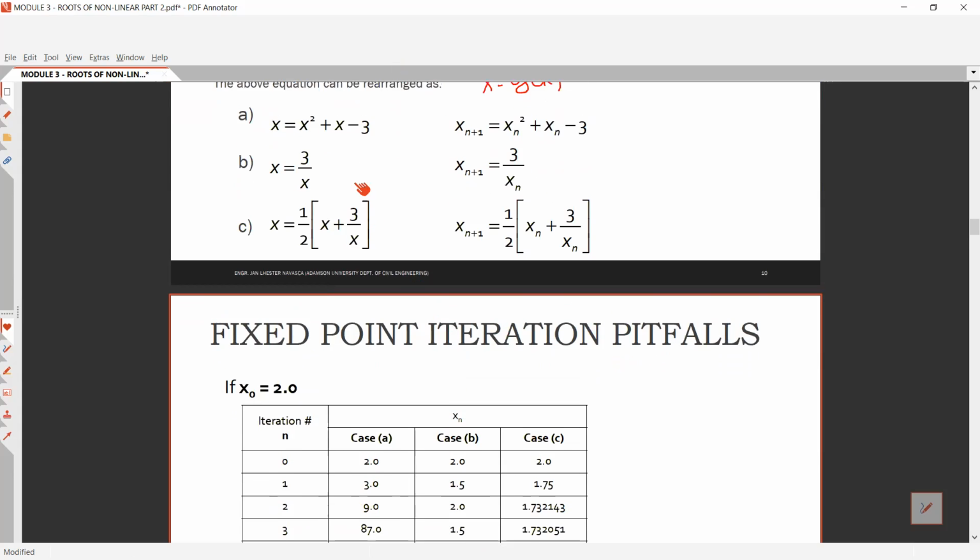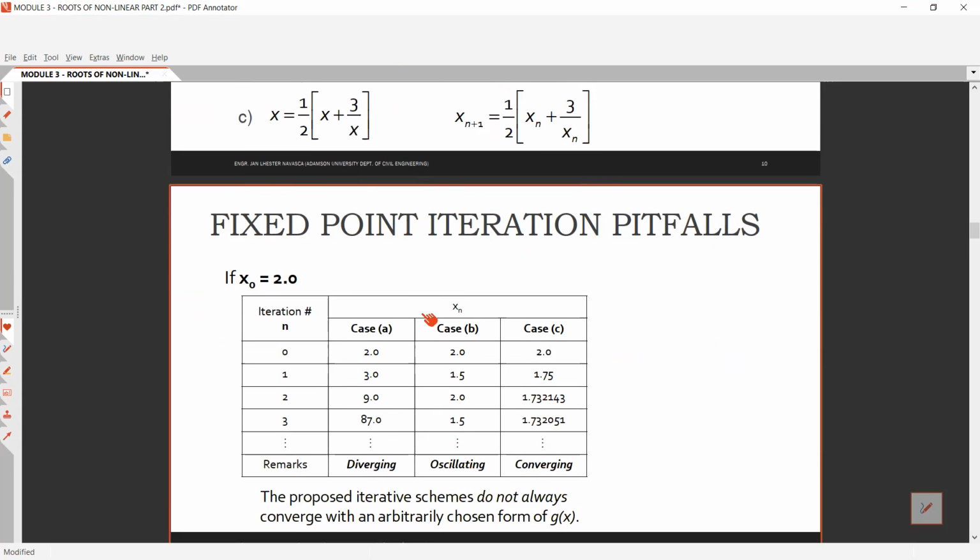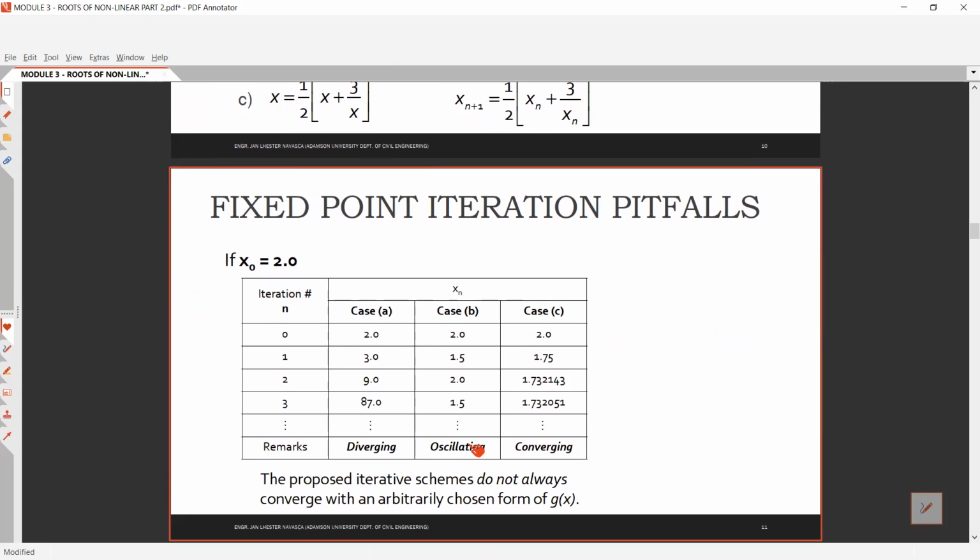For case B, x equals 3 over x, it is oscillating. That means your equation behaves like a sinusoidal function. It keeps going back and forth: 2, 1.5, 2, 1.5, 2, 1.5. So you will not converge to a value again.